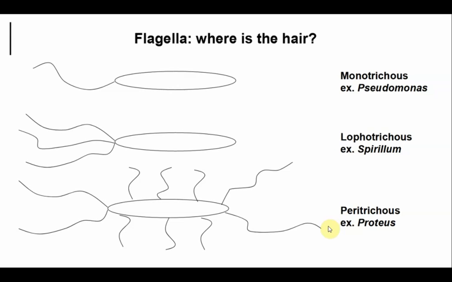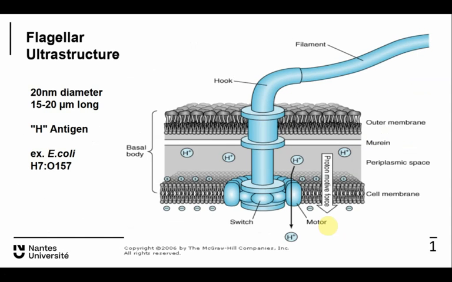Flagella are present in gram positives and gram negatives, perhaps a bit more frequent in gram negatives, and they're only expressed by bacilli. Okay, I don't think any cocci have flagella. So that's how they're arranged around the bacterial cell.